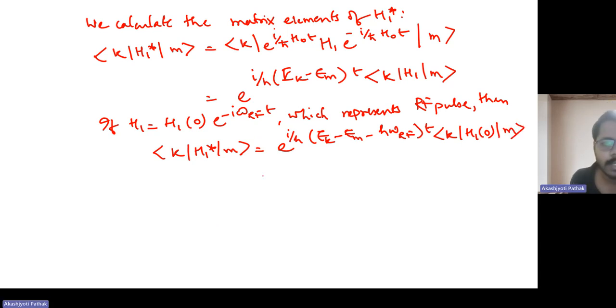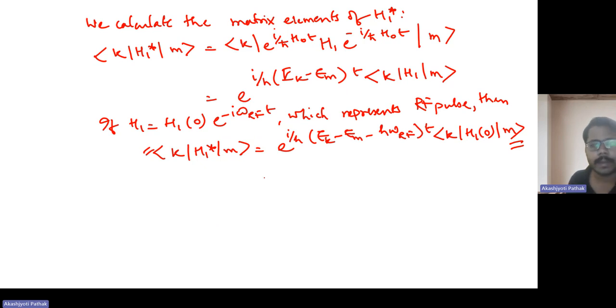Now this Ek minus Em minus h cross omega rf is in the kilohertz range, right? If t is in the microsecond range as in an RF pulse, then the time dependent term, this term in the equation that I wrote, will be extremely slowly varying during the pulse, and hence can be effectively considered to be constant.